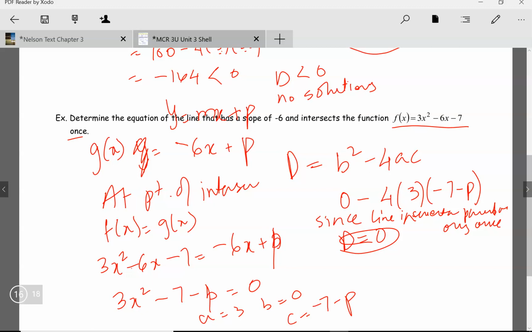And therefore, 0 minus 12 times -7 minus p equals 0. So -12 times 7 is 84.